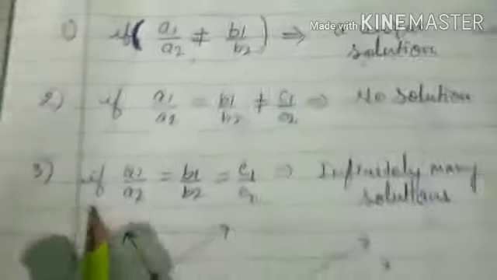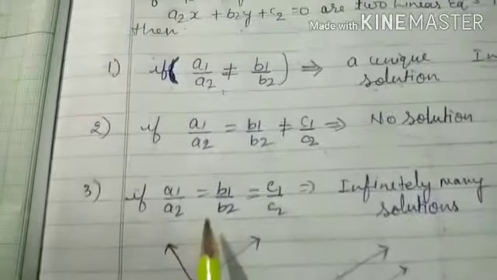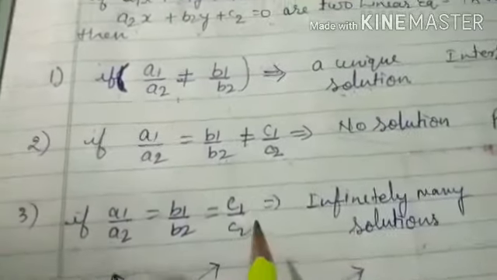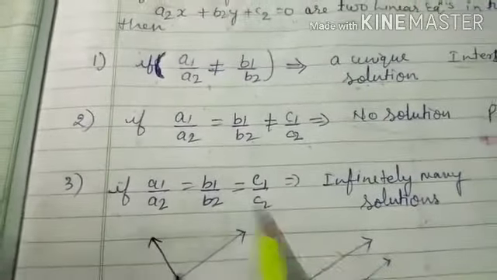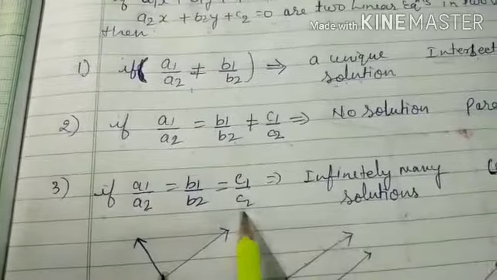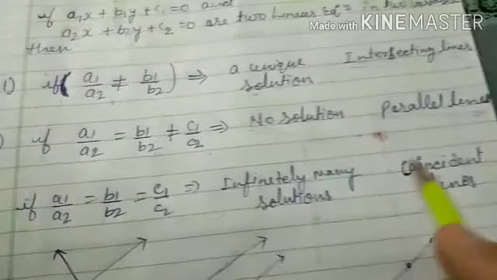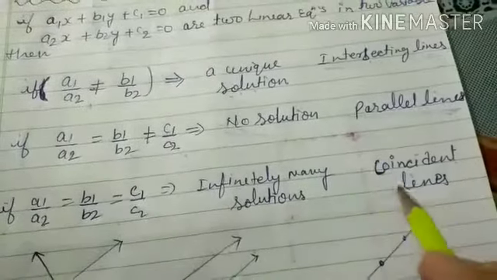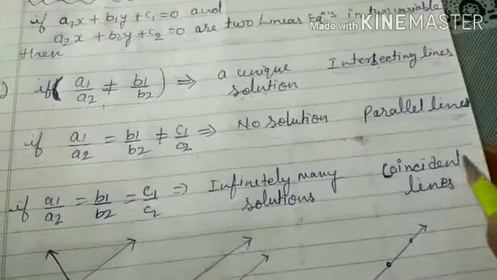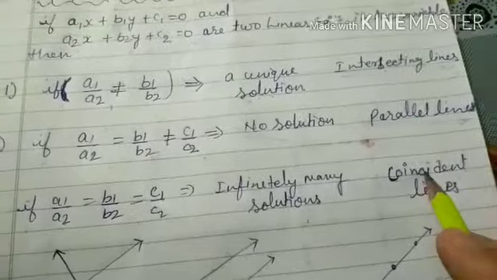The third condition: if a1/a2 is equal to b1/b2 is equal to c1/c2, all three ratios are equal to one another, so there will be infinitely many solutions and the lines are exactly coincident. One line coincides with the other line.